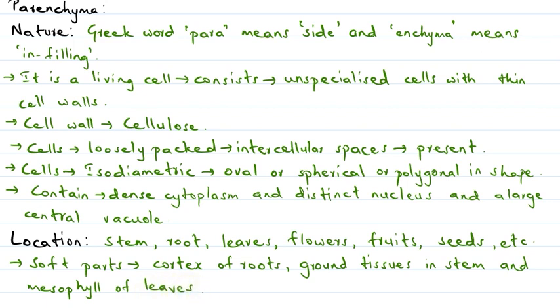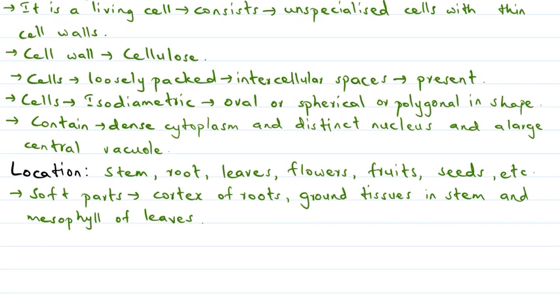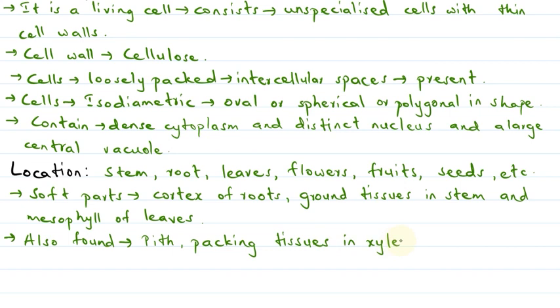And the parenchyma tissue can also be found in the pith, in packing tissues, in xylem and in phloem. So these are the different locations where parenchyma tissue can be found.